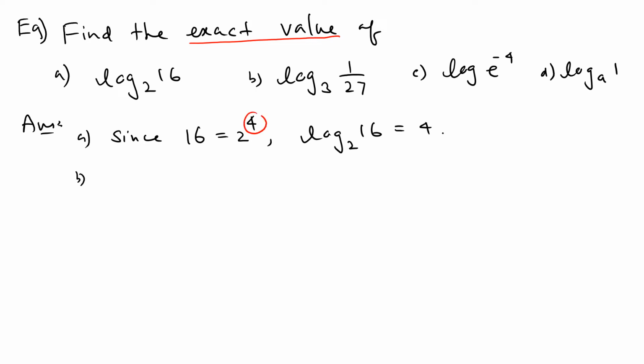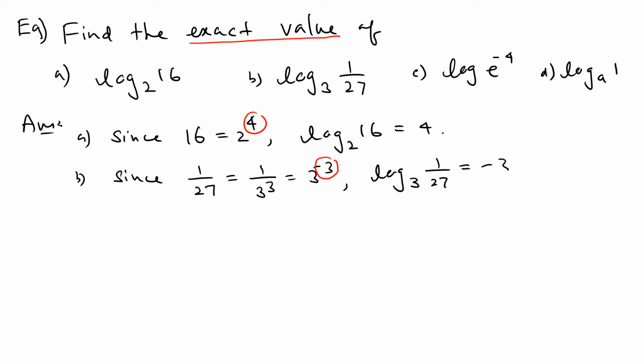And then b, again you can write 1 over 27 as 1 over 3 cubed, which is 3 to the negative 3, so the logarithm base 3 of 1 over 27 is the index, which is negative 3. And c, this actually clearly says what it is.